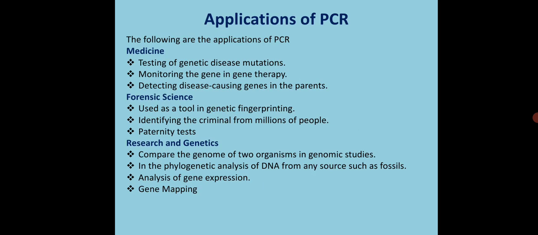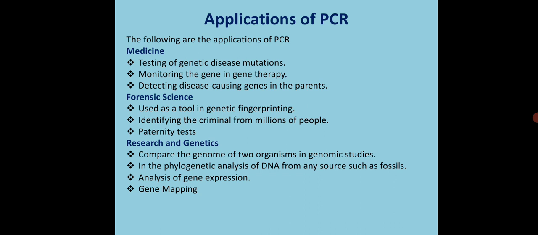So next one is applications of PCR. The following are the applications of PCR in medicine: testing of genetic diseases, mutation, monitoring the gene in gene therapy, detecting disease-causing genes in the parents.